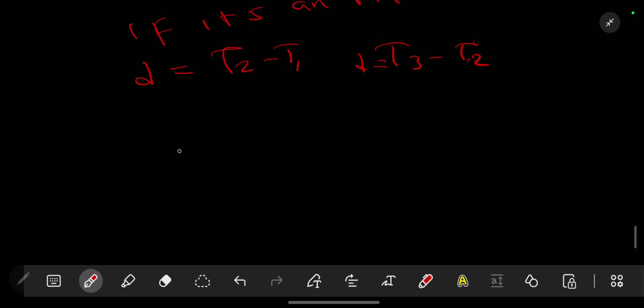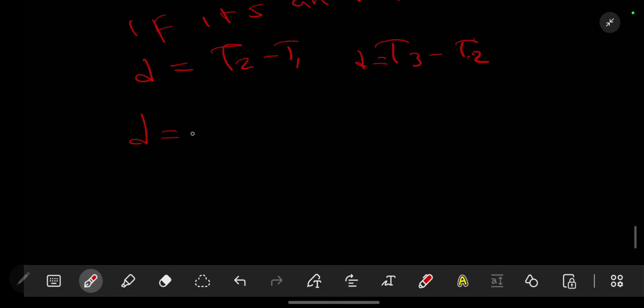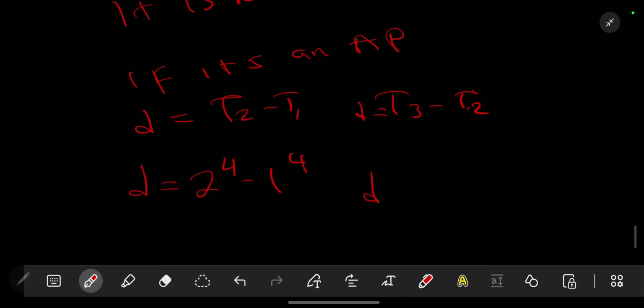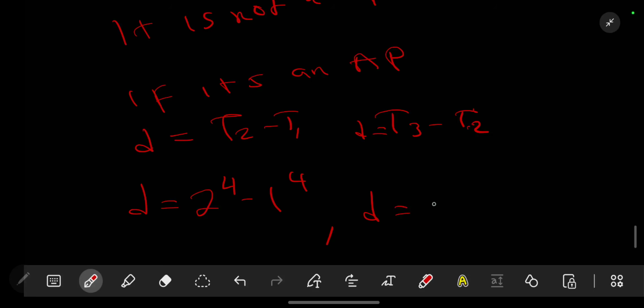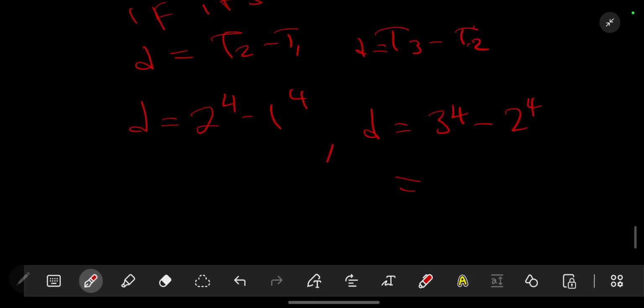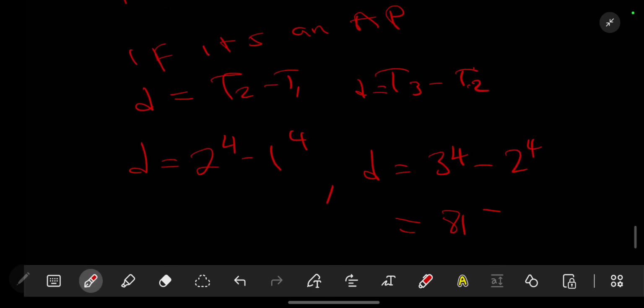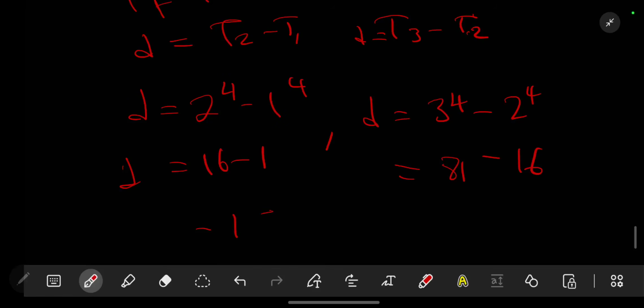Especially if it's 5 marks, this is how you represent your work. So D is equal to term number 2, which is 2 to the power 4 minus 1 to the power 4. Then the other one will be T3, which is 3 to the power 4 minus 2 to the power 4, which will give us 81 minus 16, and 16 minus 1, which will be 15.